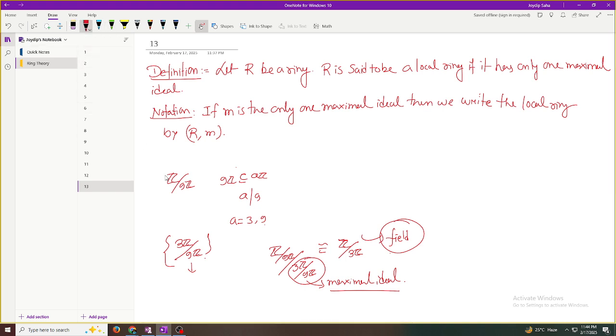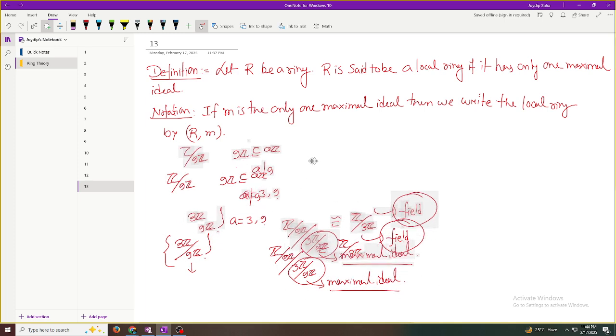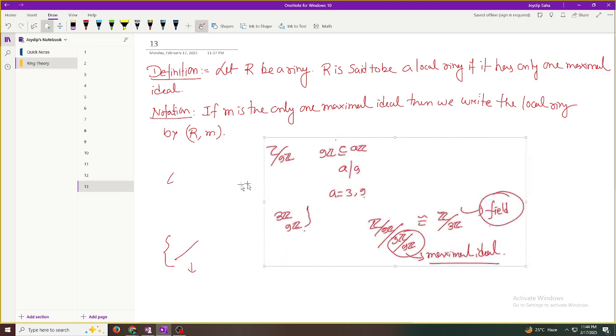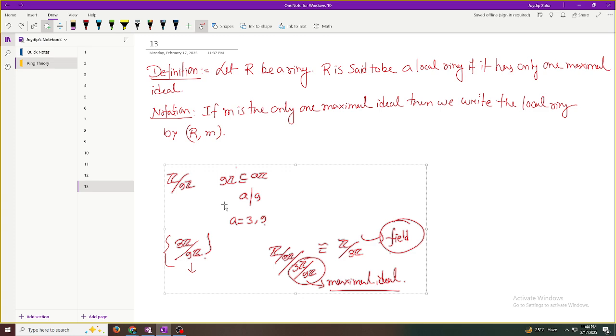Okay, I keep this example. Now I am constructing some local ring.